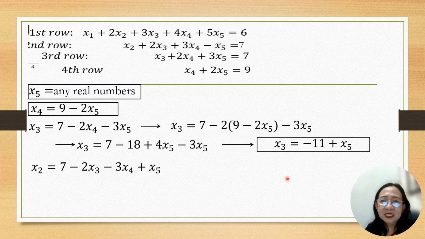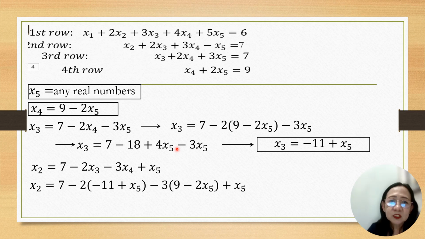Okay. Then, using now the second row, x sub 2 is 7 minus... by the addition property of equality, add their opposite, so this becomes 0, and we have the opposite of this on the right side: negative 2x sub 3 minus 3x sub 4, and then positive x sub 5.